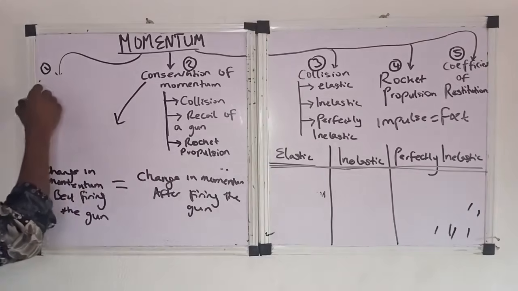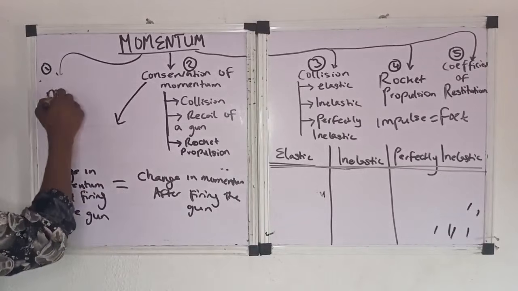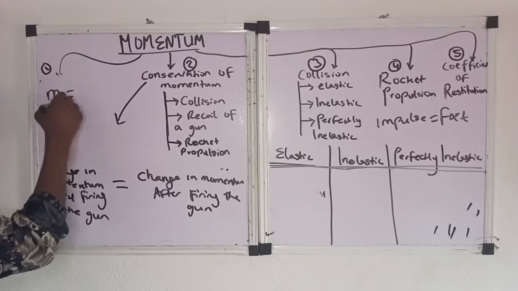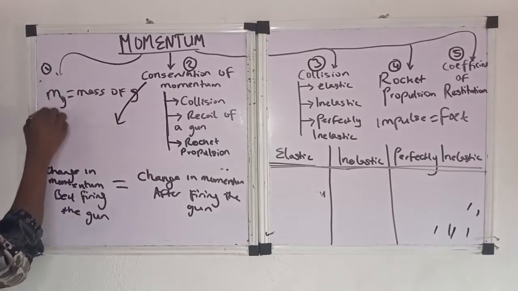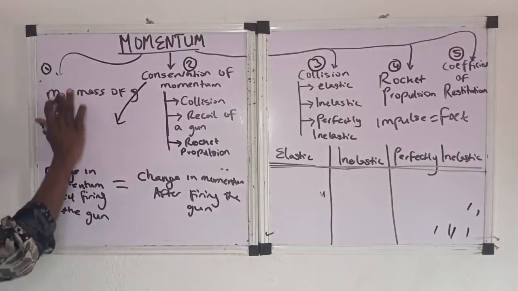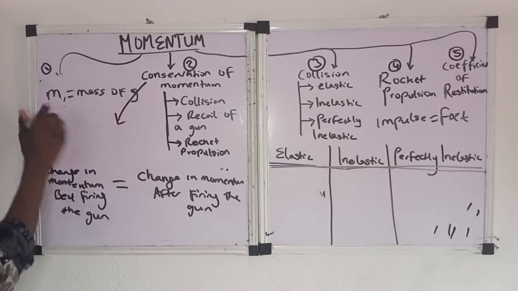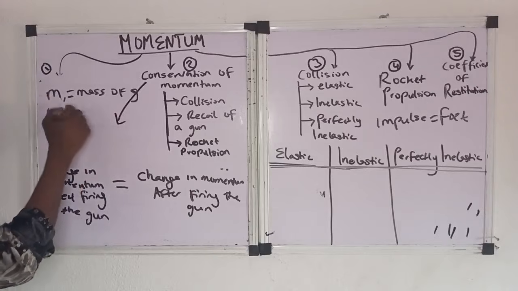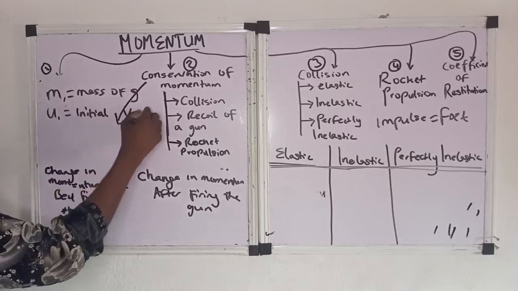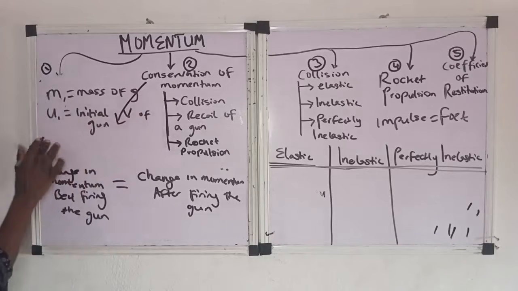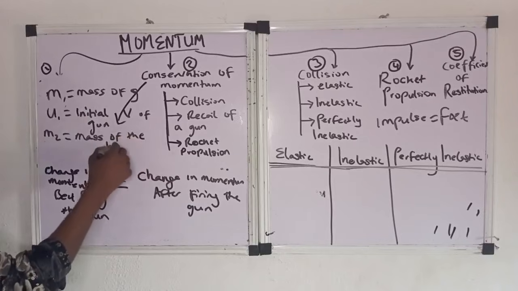Let's take m1 as the mass of the gun, and u1 as the initial velocity of the gun. Then we take m2 as the mass of the bullet.